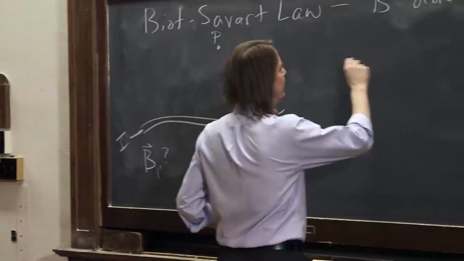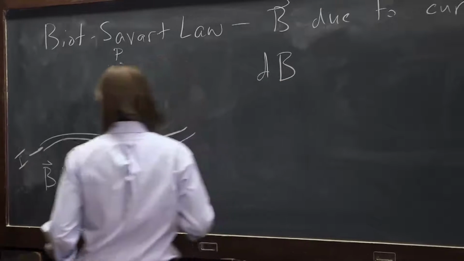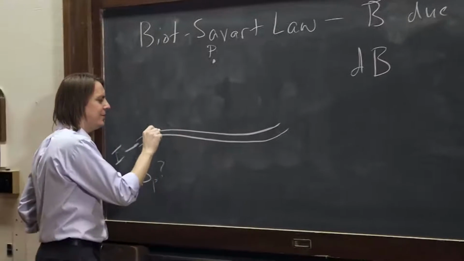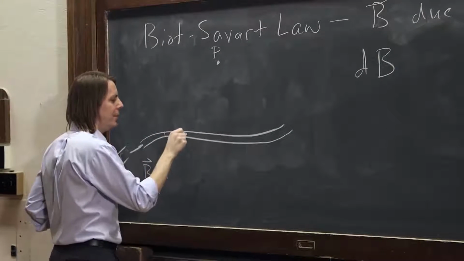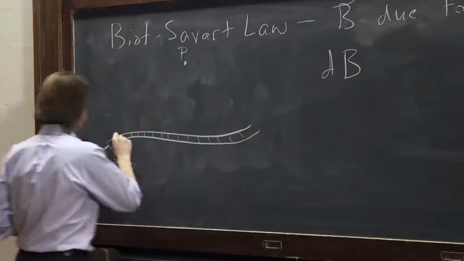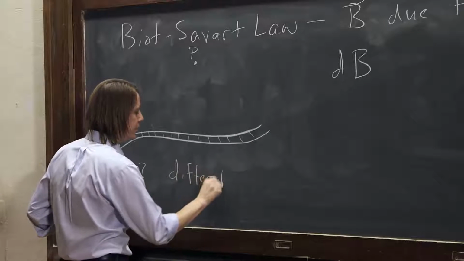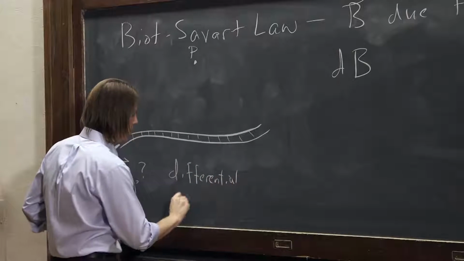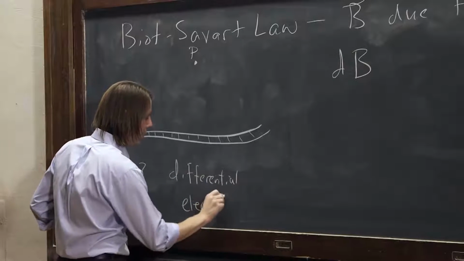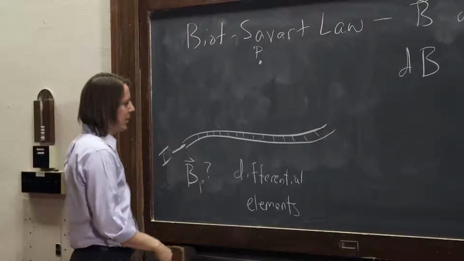So let's do that. Biot-Savart would say then that you have to think about a little piece of the wire. You have to divide it up into little imaginary differential elements. So remember these things. Differential elements are just imaginary little chunks. And when we're thinking about these little things, then you can treat it like a point current.